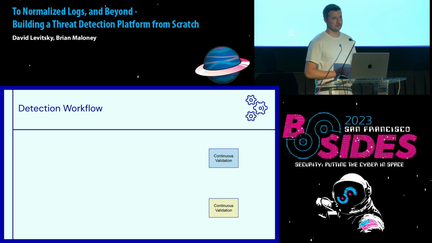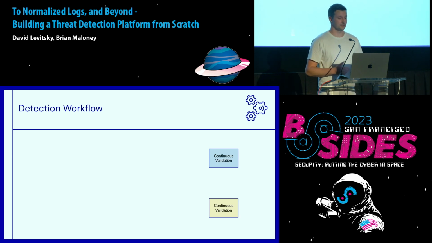I've talked about this continuous validation step a couple of times, and I want to dive into it a little bit deeper. One thing I also want to call out is that when Brian and I were building this system, we were faced with a fair amount of work to go from scratch to something functional. For the detection engine, we needed to figure out if it was something we wanted to build or something we wanted to buy.